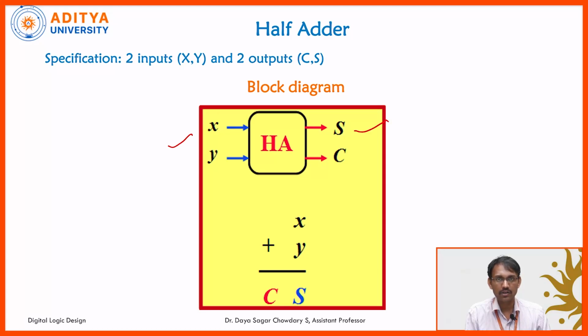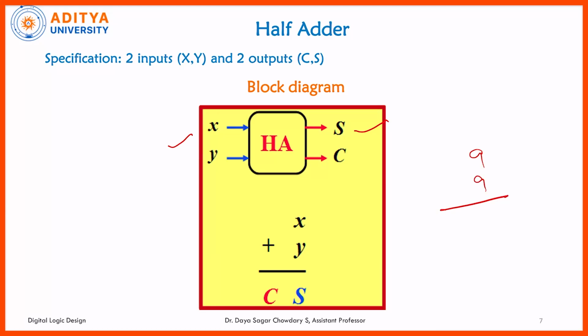From our childhood, we know what we call a carry. If the sum is more than 9, then definitely we have to use the tens position number. Let us take this example, 9 plus 9, that is 18. We have to keep the 8 in the units place, and the 1 is the carry.